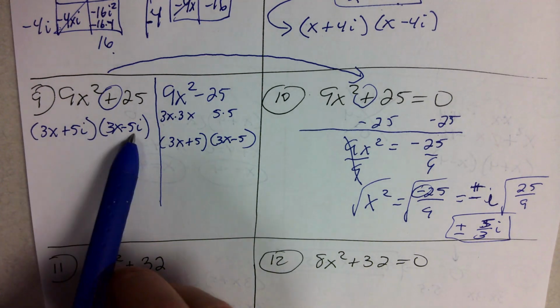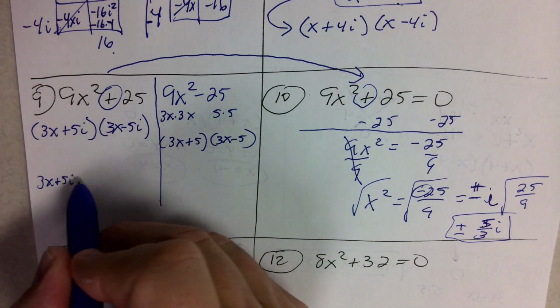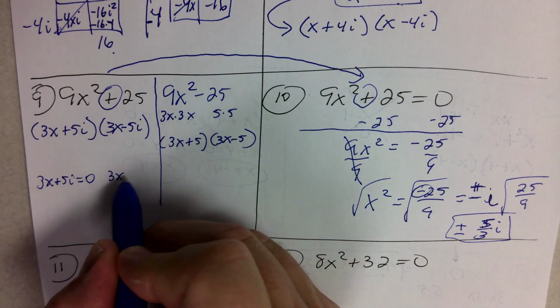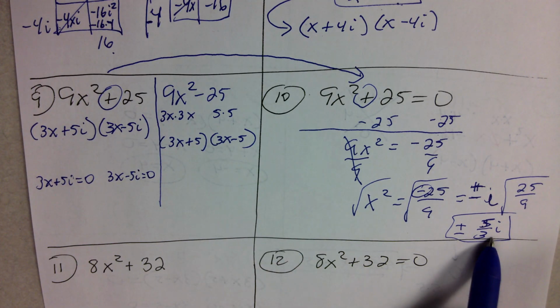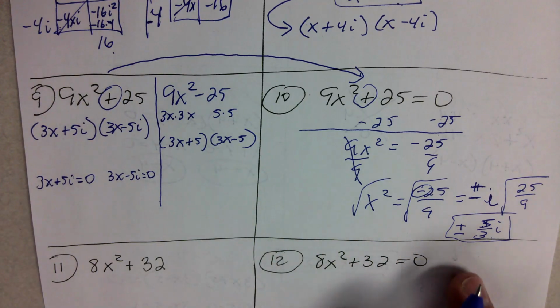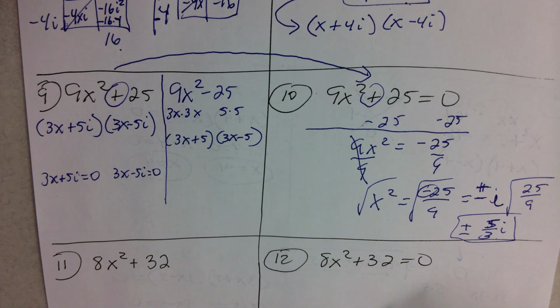If you set these equal to 0 and we solve them, we're going to get 5/3 i, negative 5/3 i. Okay, let's go to problem 11.